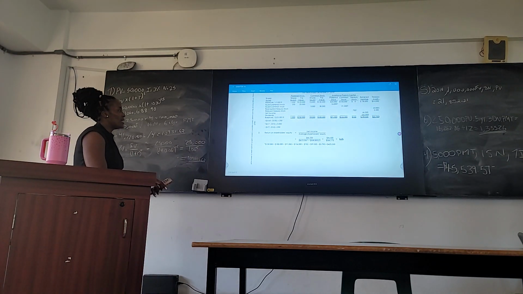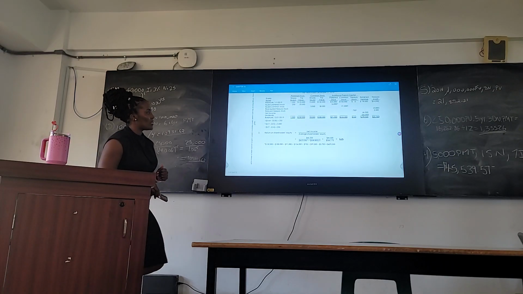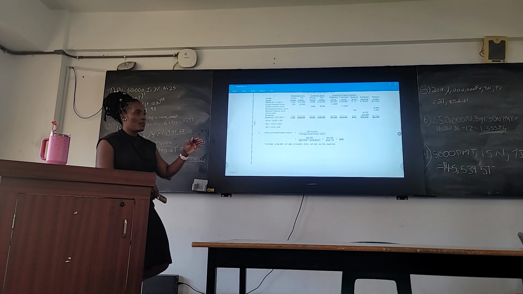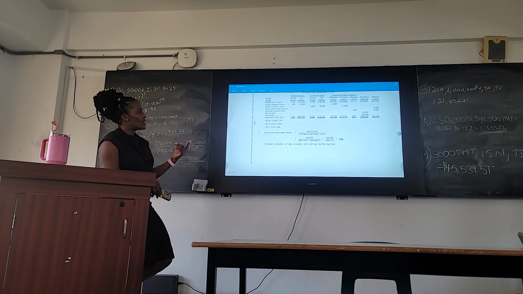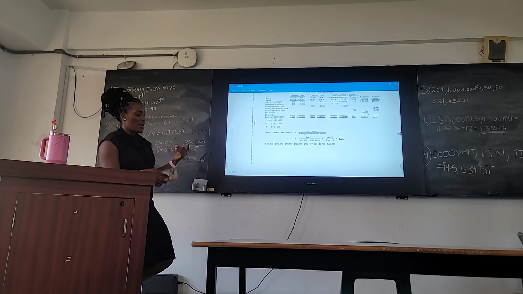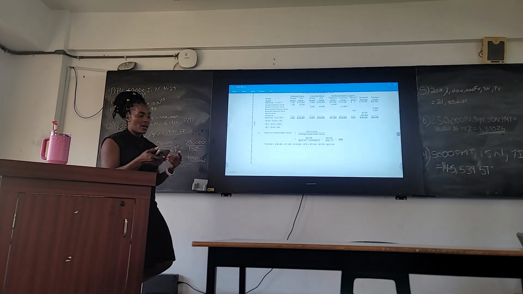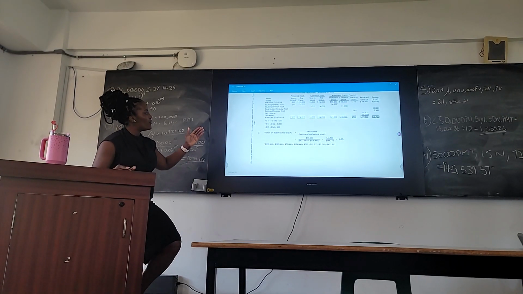So when we are calculating the return on shareholders' equity, it's our net income divided by the average shareholders' equity. What was the net income of the period? 46,500.